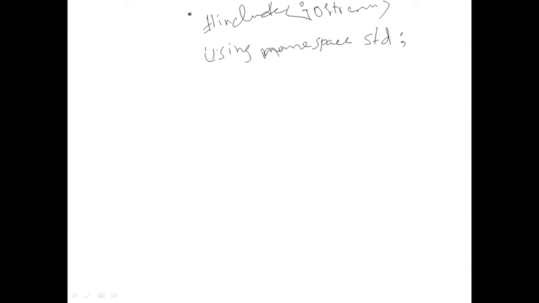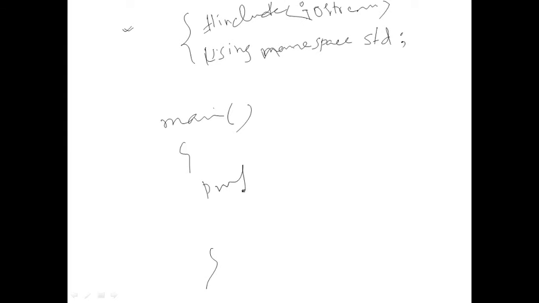What are these two things? I will discuss later. For the time being, just remember that you have to write these two things before writing any program. I will definitely discuss this in the next classes when we discuss the function. So here this is the main, and you can write anything.